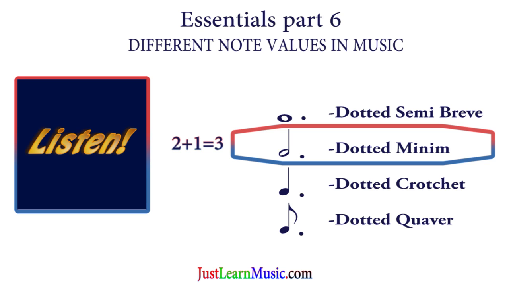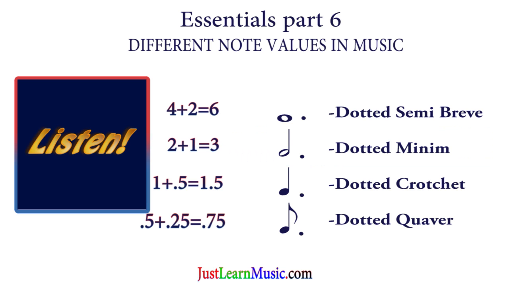One note telling you that you should hold it for 3 counts. It's much better than writing 2 different notes. In music, this applies to any of the notes that we've just seen. I can have a dotted semibreve, which would be 4 plus 2, that is 6 counts. It would look like this.